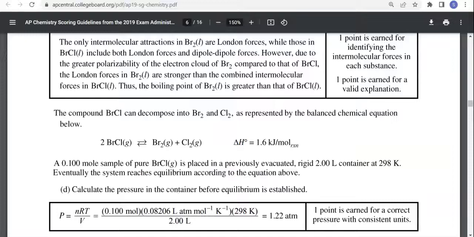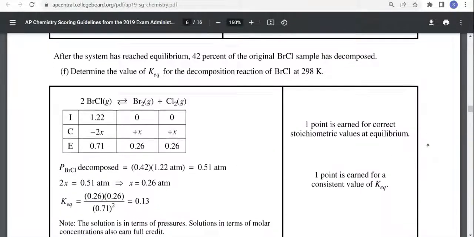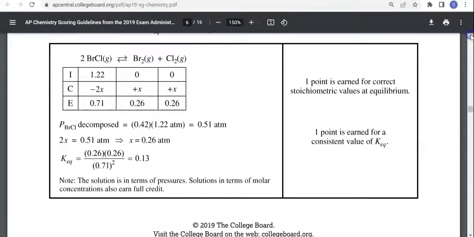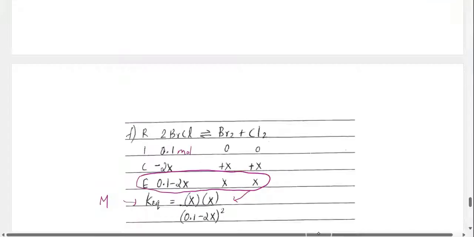So this definitely is not going to receive 2 points, because this was a 2-point question. I'm debating whether to give them 1 out of 2. Yeah, it's either 0 or 1.